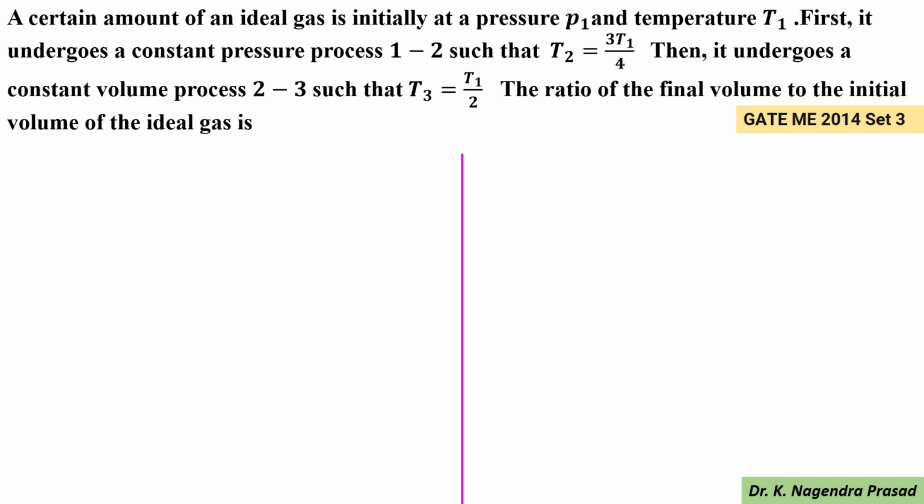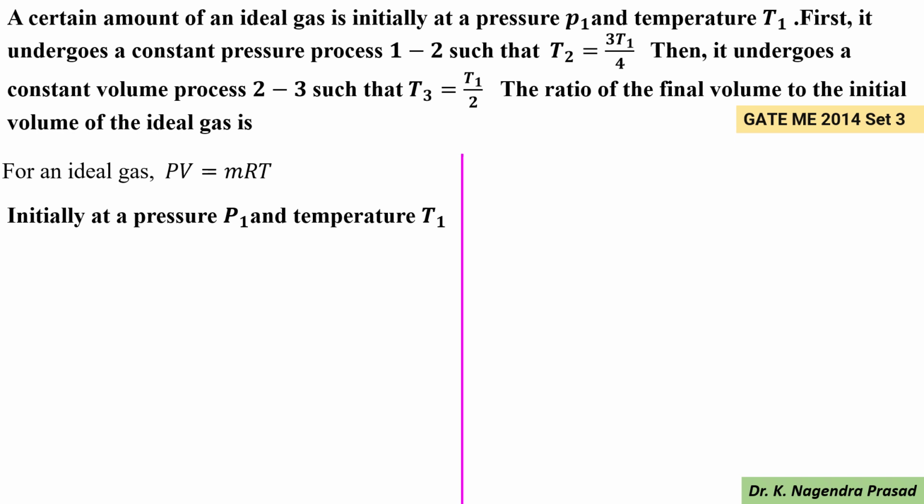So here it is given the ideal gas. So we know the ideal gas relation, PV equals mRT. And initially the gas is at pressure P1 and temperature T1. First it undergoes a constant pressure process 1 to 2. So process 1 to 2 is the constant pressure process. So P1 equals P2.